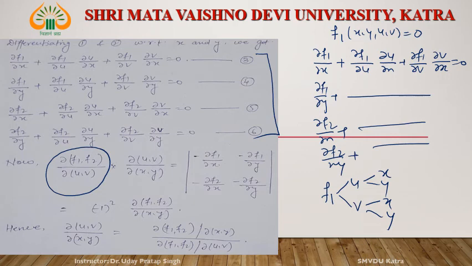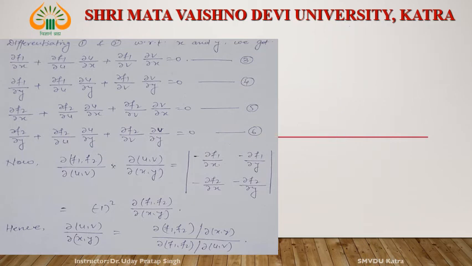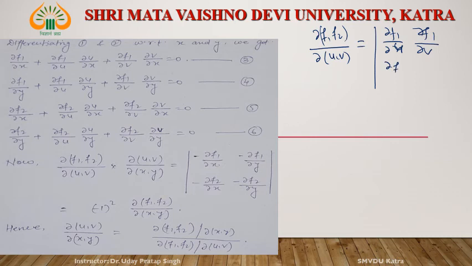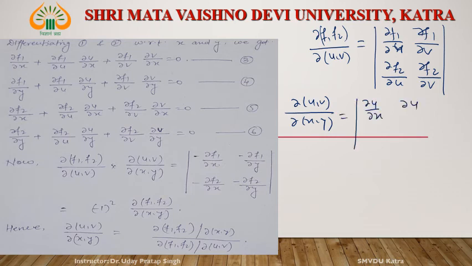See, if we consider ∂(f1,f2)/∂(u,v), what is this? ∂f1/∂u, ∂f1/∂v, ∂f2/∂u, ∂f2/∂v. Similarly, ∂(u,v)/∂(x,y): ∂u/∂x, ∂u/∂y, ∂v/∂x, ∂v/∂y.